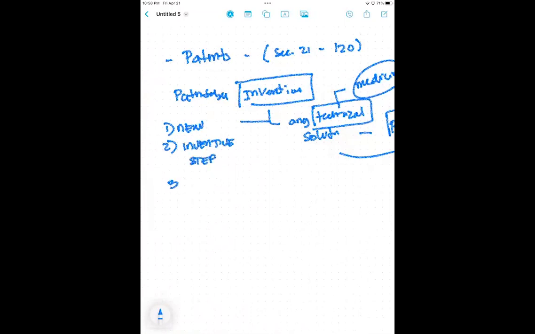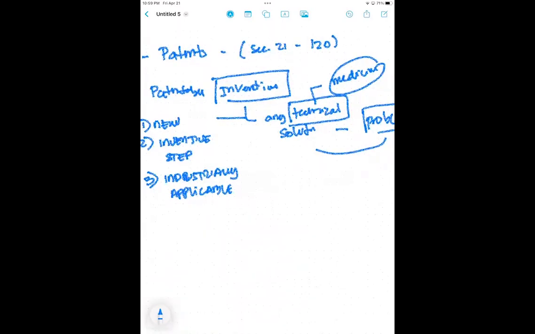And number three, it must be industrially applicable. Okay, now, so these are patentable inventions.